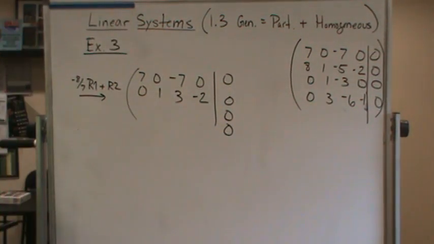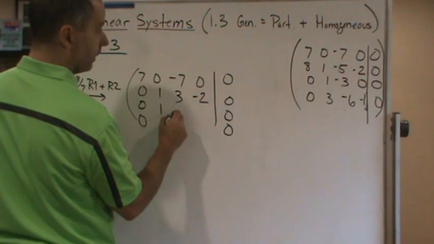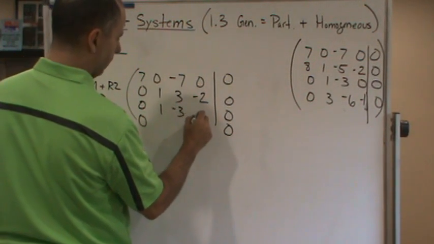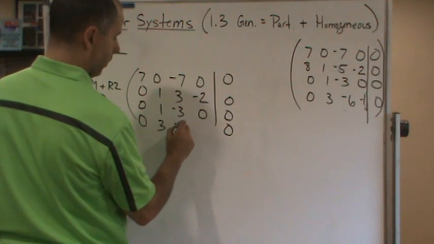Okay? And so we're just going to copy the last 2 rows because, again, we didn't do anything to those, right?